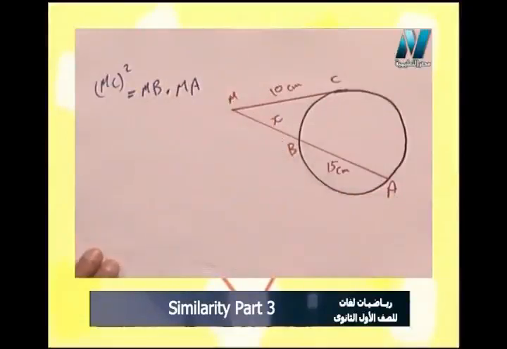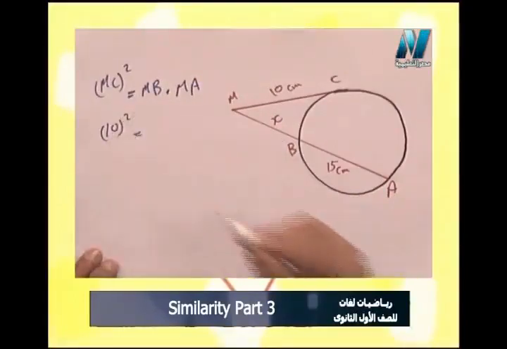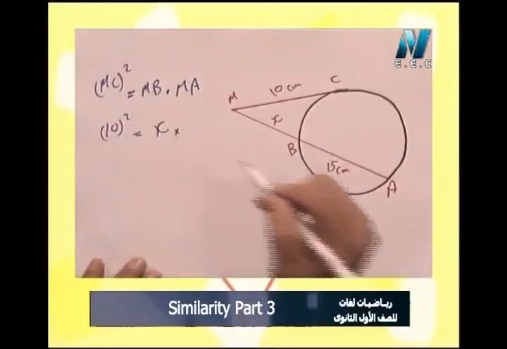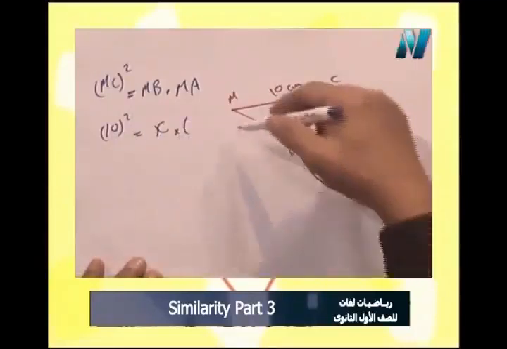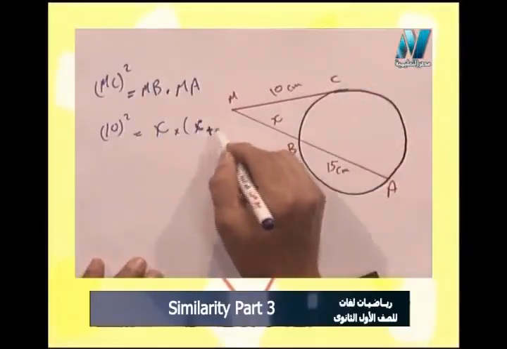MC power 2 will be 10 power 2 here, and MB will be X multiplied by MA, which will be X plus 15.